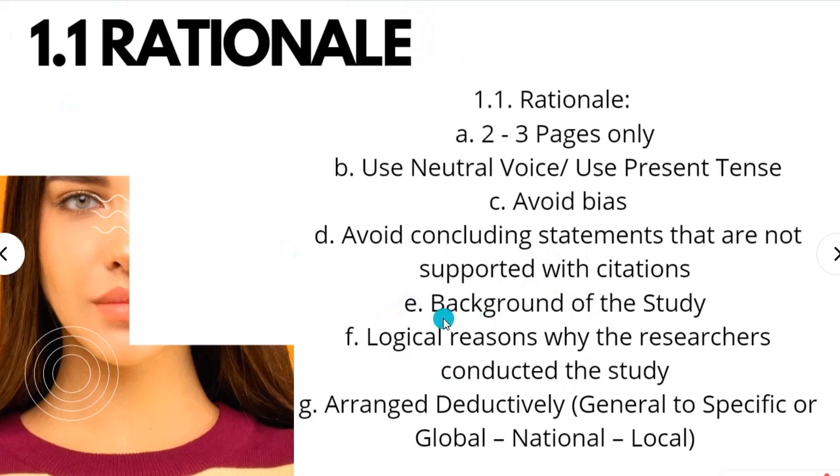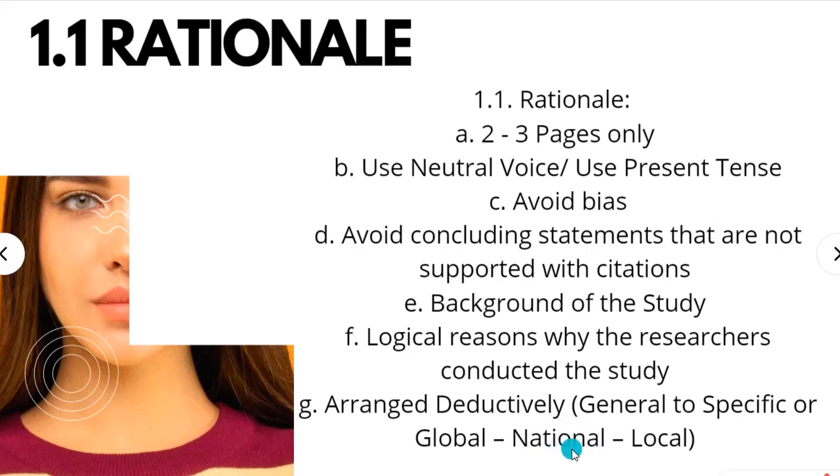Okay, Chapter 1 serves as the background of the study, and you put the logical reasons why the researchers conducted the study. It should be arranged deductively, from general to specific. The first paragraph should contain the global context of your study, and what other researchers around the world are saying about it. Then the national, Philippine context: what are Philippine researchers saying about this problem.